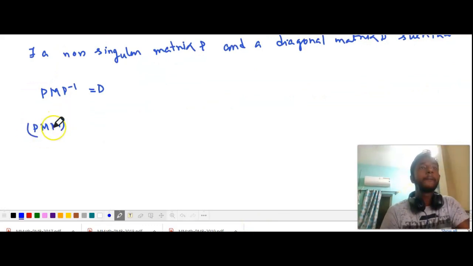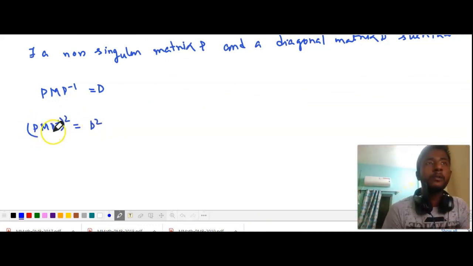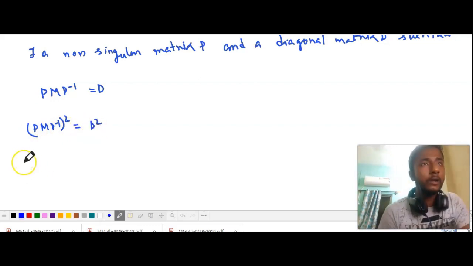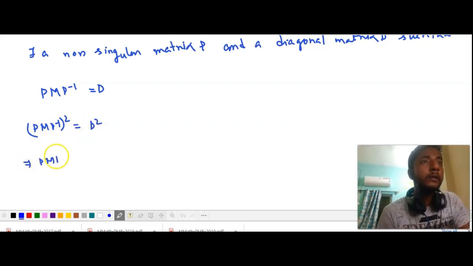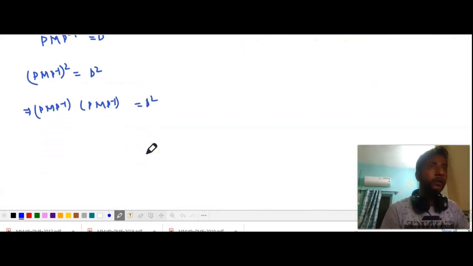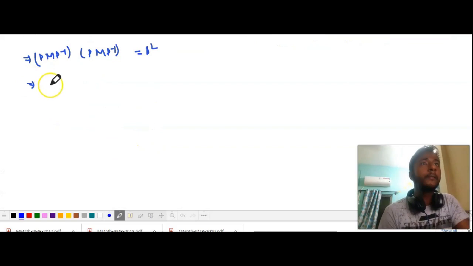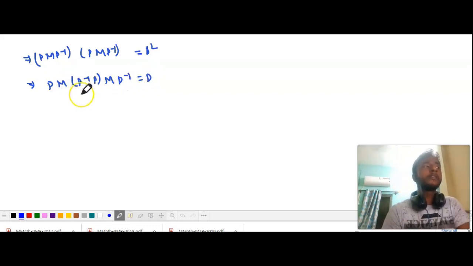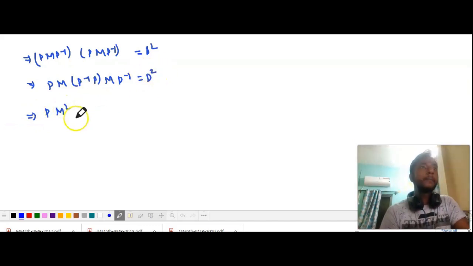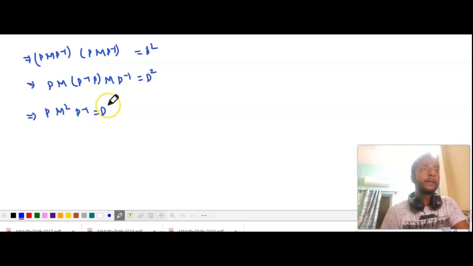Now, what is (P inverse M P) squared? You can write this as D squared, right? So we can write P inverse M P times P inverse M P equals D into D, that is D squared. Using the associative law, we can write P inverse M, P P inverse, M P equals D squared. So P P inverse equals the identity matrix, and we can write P inverse M squared P equals D squared, right?